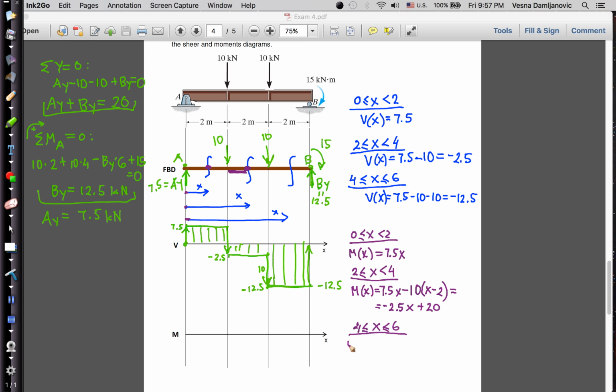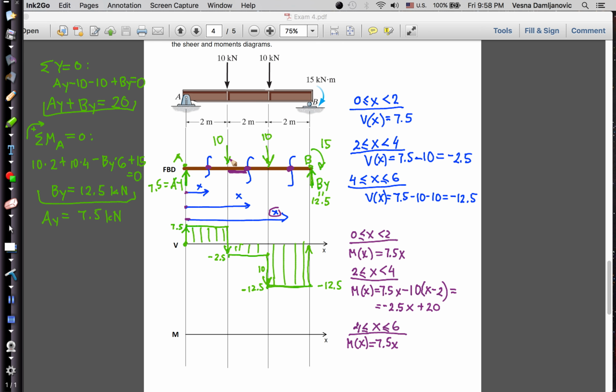What do we have? M of x is equal to, again, this is the x here, this is the cross section we're looking for. And so now let's do the calculation for Ay. The moment around that point is Ay times the x, again, so it's 7.5x.